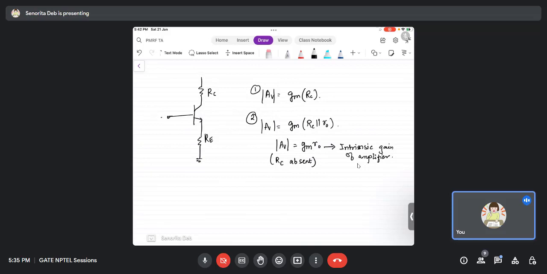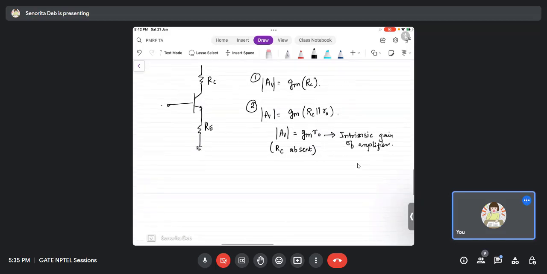When we were solving, we had actually got GM R pi RC in the numerator and R pi in the denominator. This is what we had got in the first small signal. You solve it again and check. Then R pi cancels out. So this is nothing but beta into RC upon R pi.